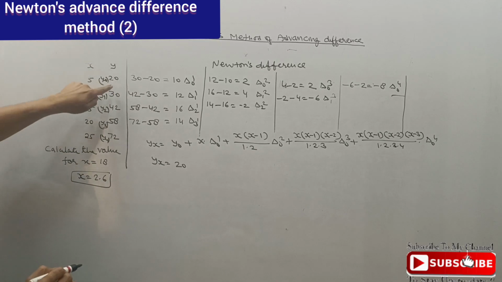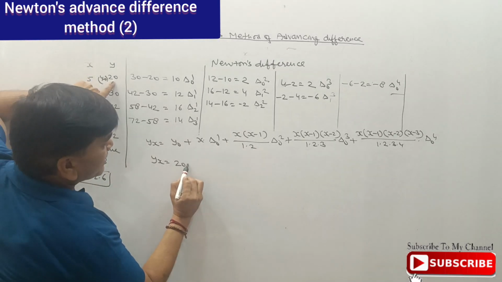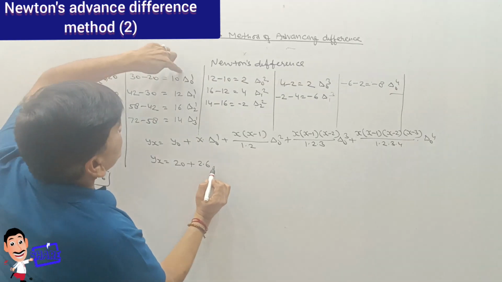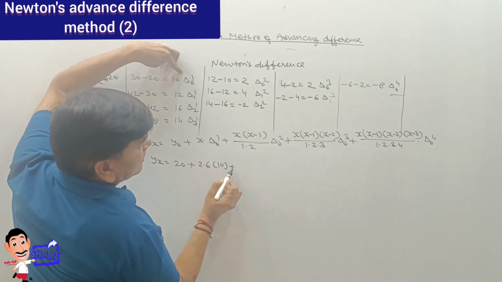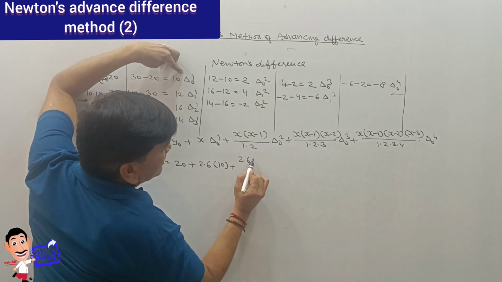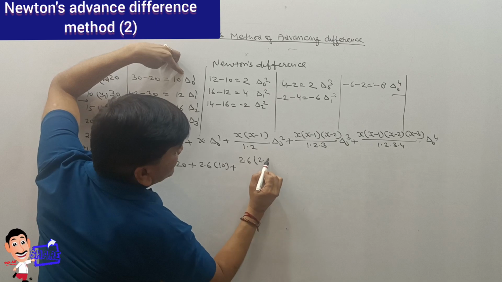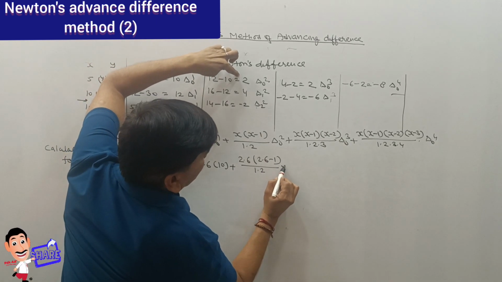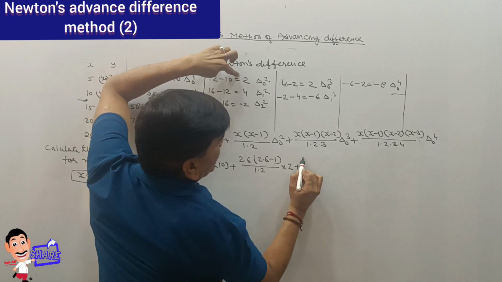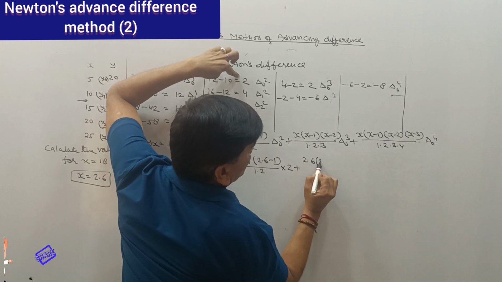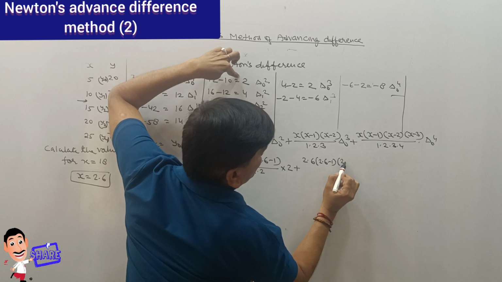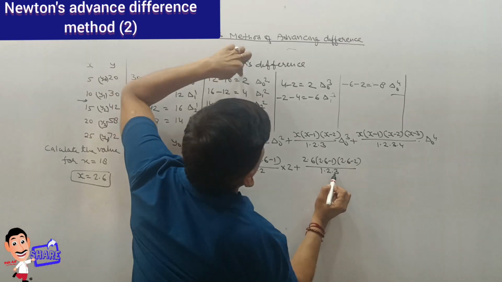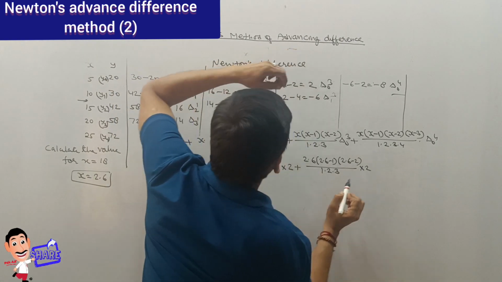So the y0 value is 20 plus the x value, which we already calculated as 2.6, times delta 01, that is 10, plus 2.6 minus 1 divided by 1 multiply 2 and delta 02, plus 2.6 minus 1, 2.6 minus 2 divided by 1 multiply 2 multiply 3, and that is 2.